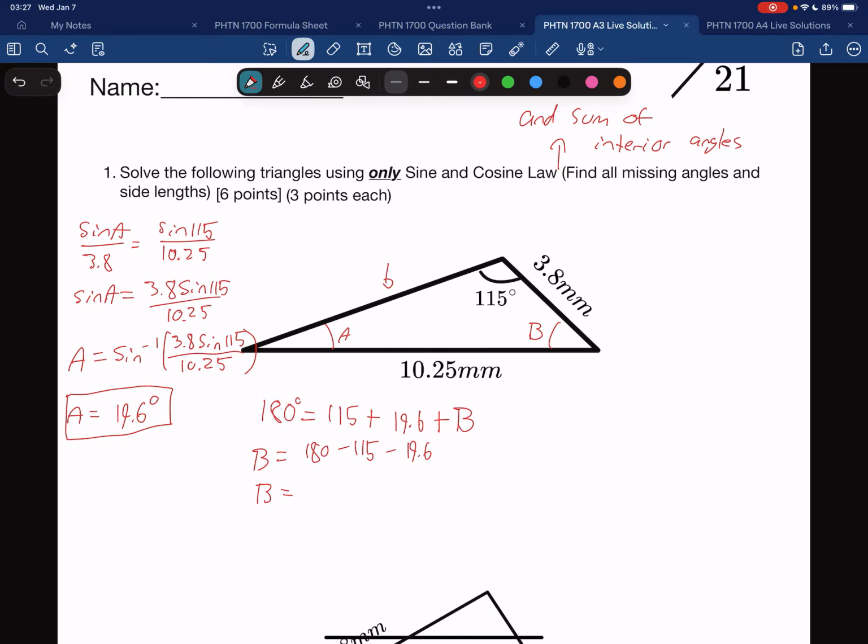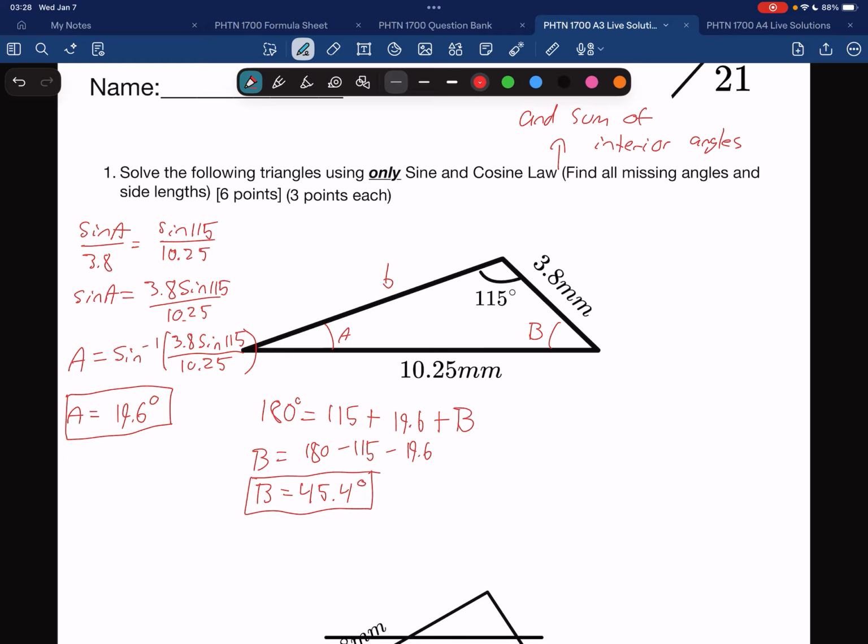So that means angle B is equal to 45.4 degrees.